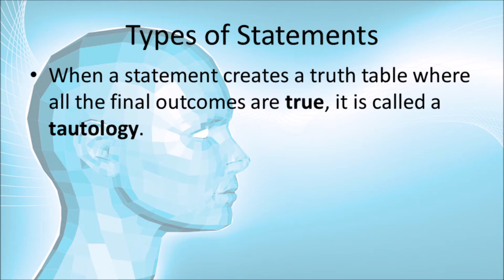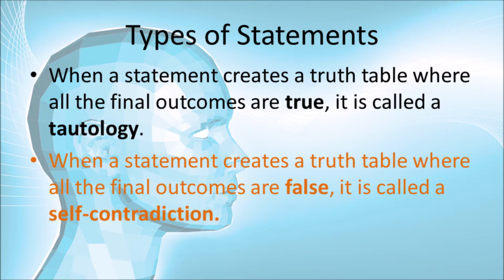On the other side, if our final outcomes are all false, that is what is referred to as a self-contradiction. So when we look at our final outcomes of truth tables, if they're all true, a tautology. If they're all false, a self-contradiction.